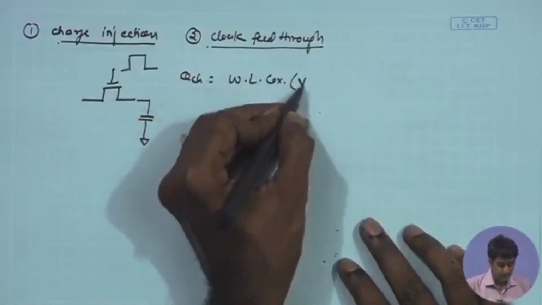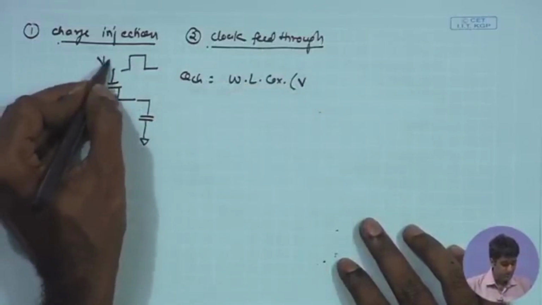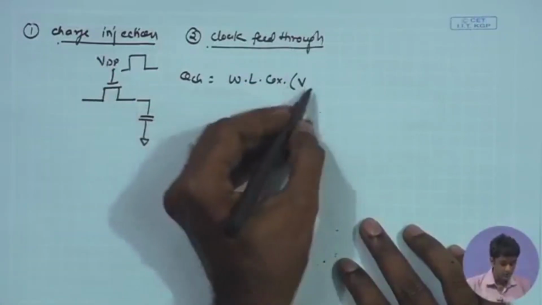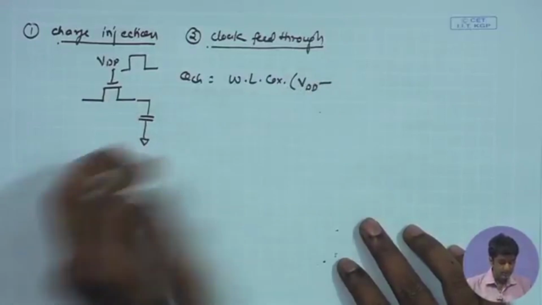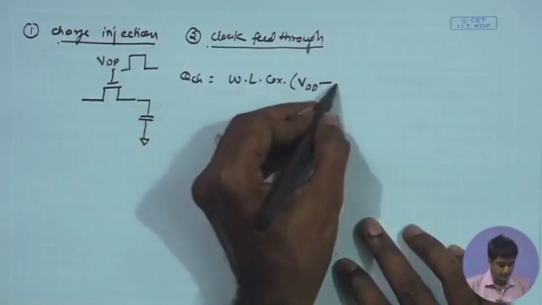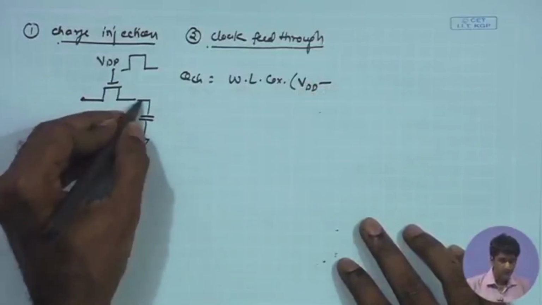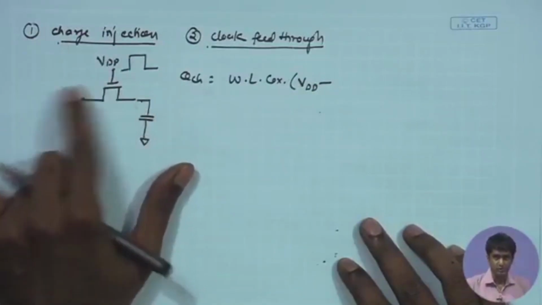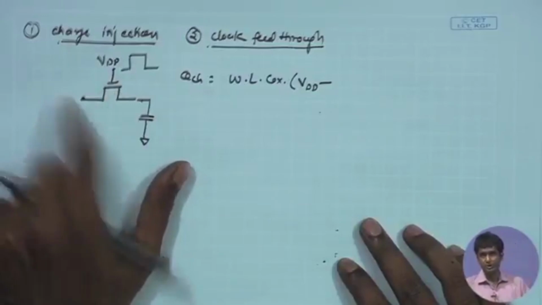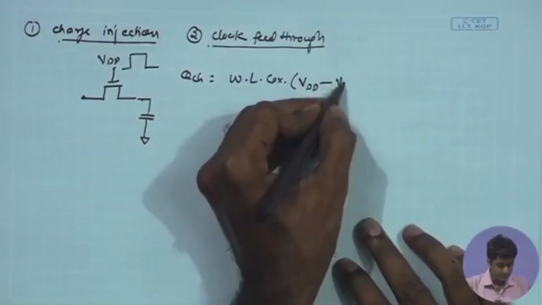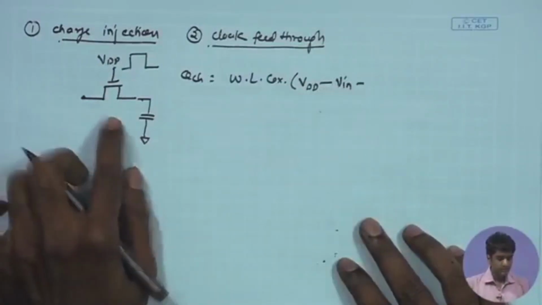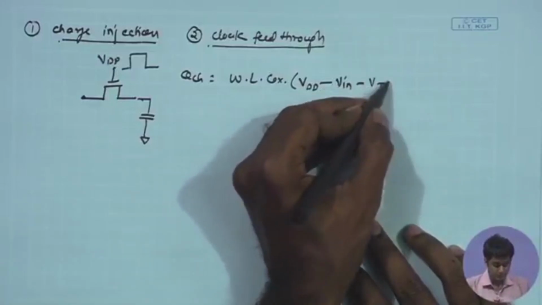So, if I say VG, which is the gate voltage when the switch is on, is VDD, minus Vs. The source can be taken as either this one or this one, because in triode region both the terminals are almost equivalent when the switch is on, and therefore, I can just take it as V in, minus the threshold voltage, which is VTN.